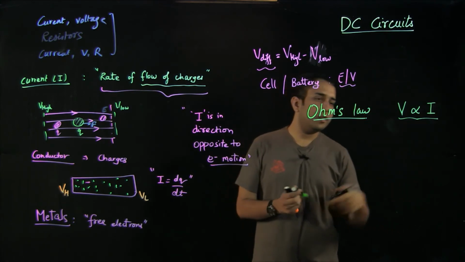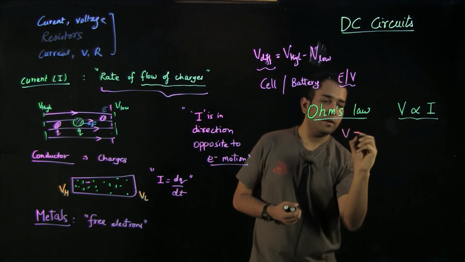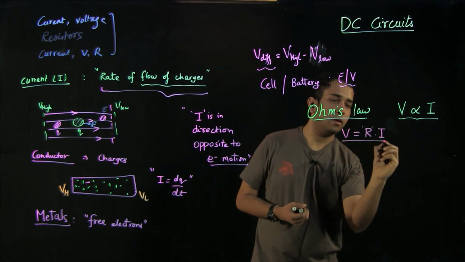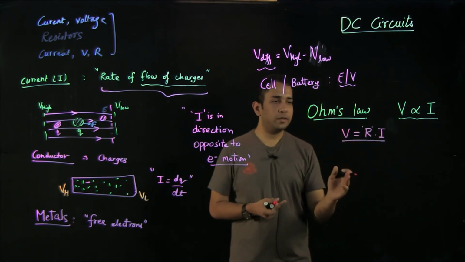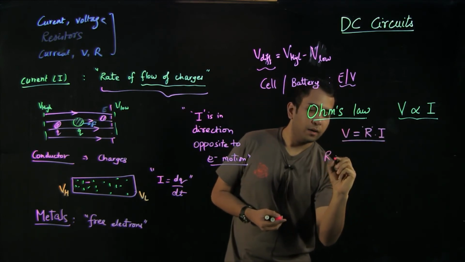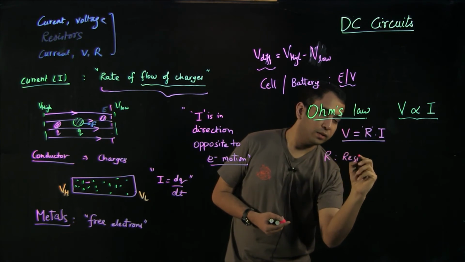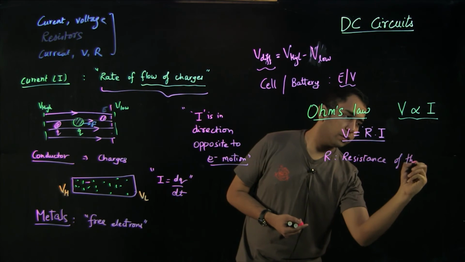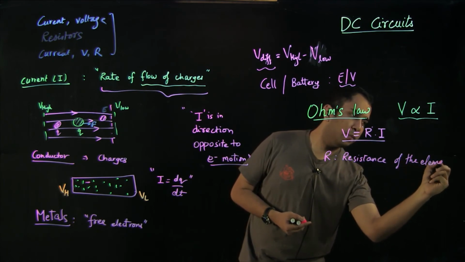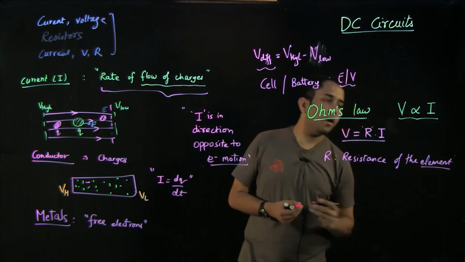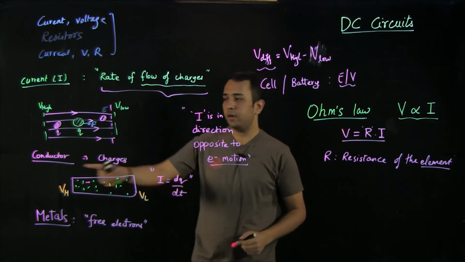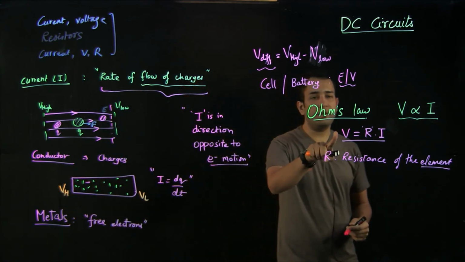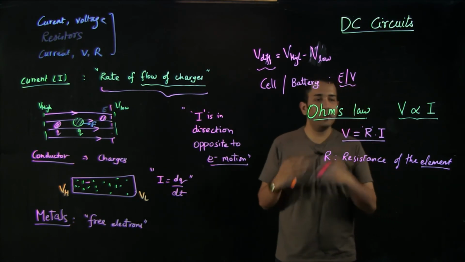And there is a proportionality constant, which is R, which completes this relationship. R is known as the resistance of the element. The element can be a conductor, a metal, or anything through which we are applying a potential difference, and the current is induced in that element.